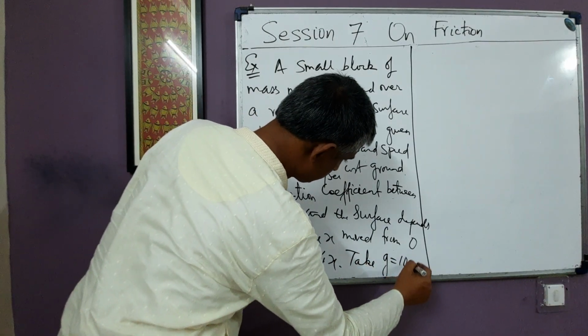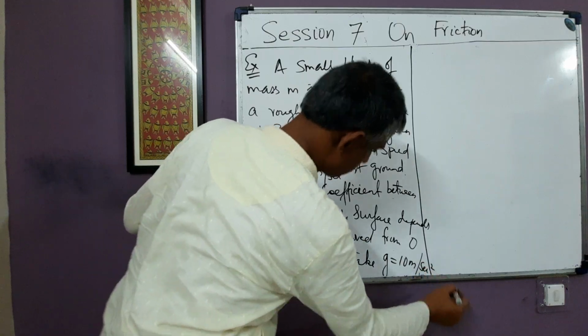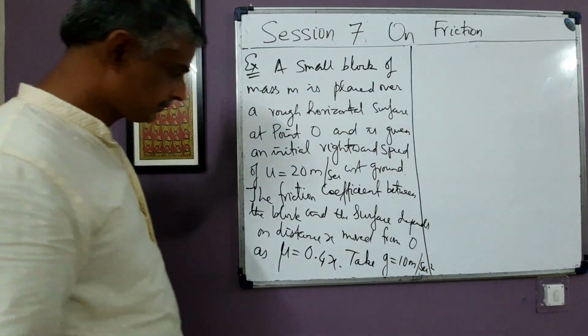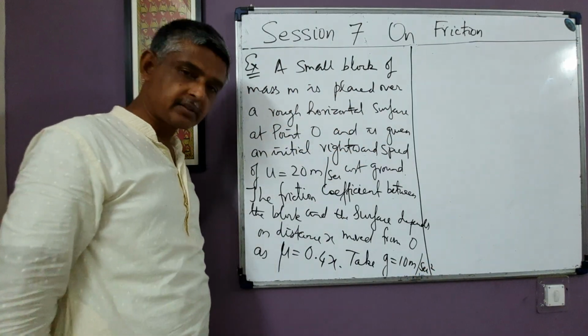Take g equal to 10 meter per second square.